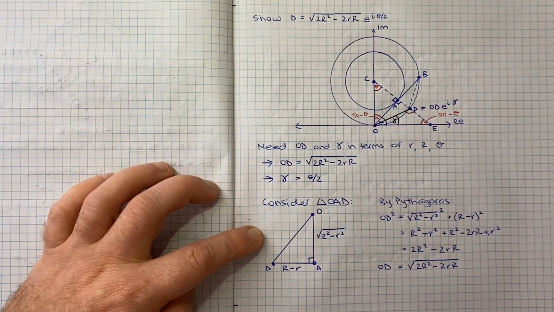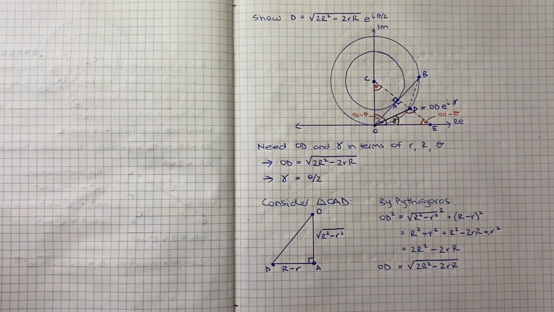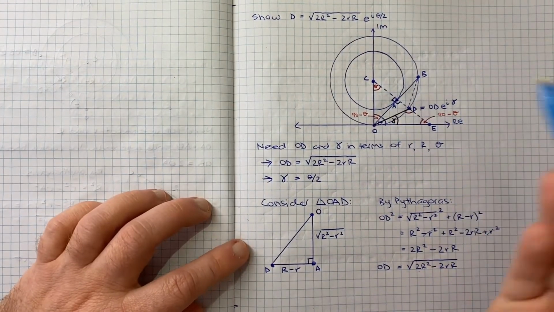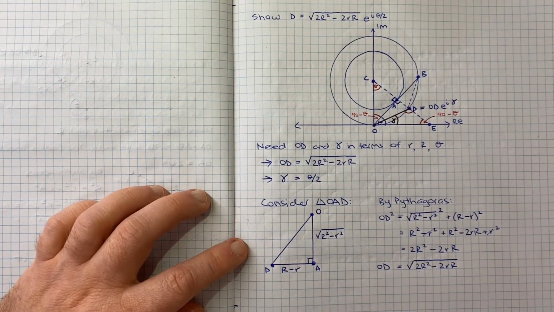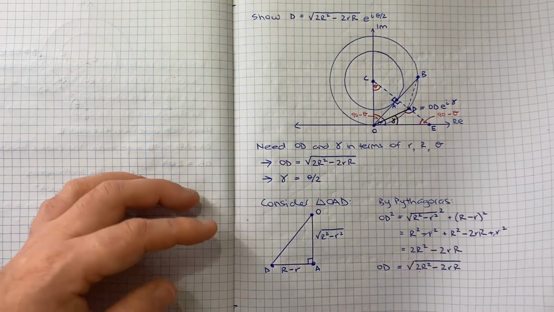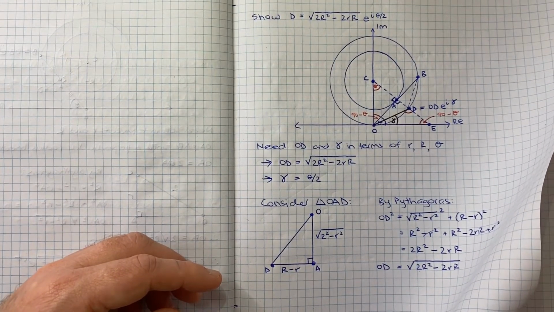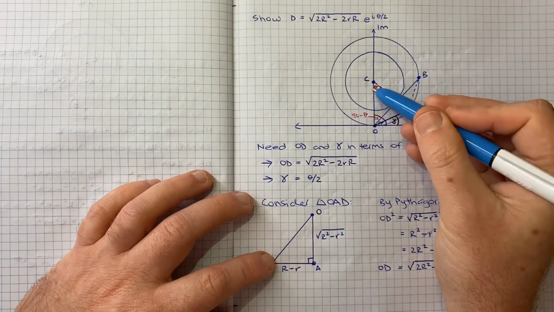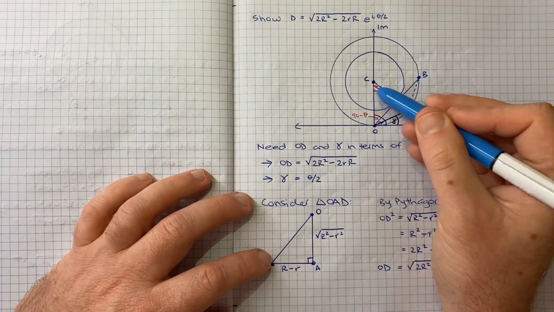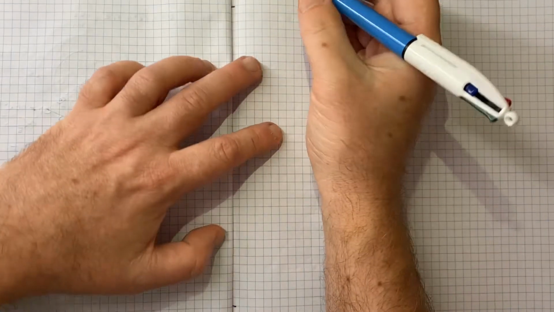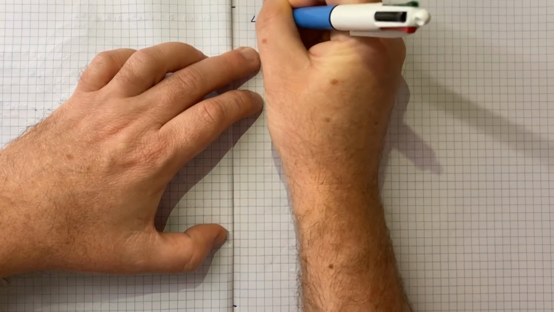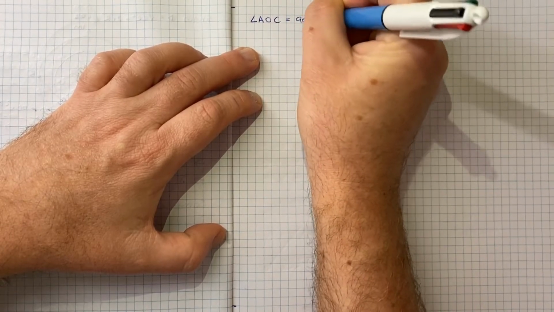Now maybe I'll turn over, and whilst I've annotated that, in terms of the working you might want to show to be complete, we might say something like, let's start by writing out what we've just shown. So angle AOC is equal to 90 minus theta.